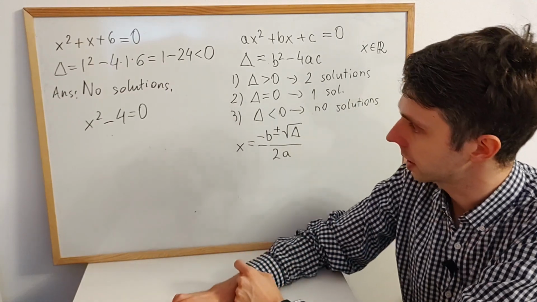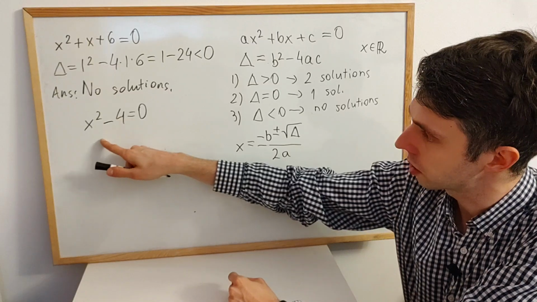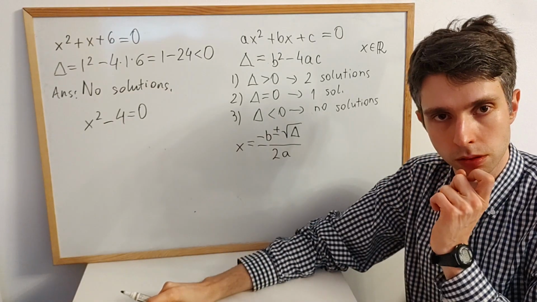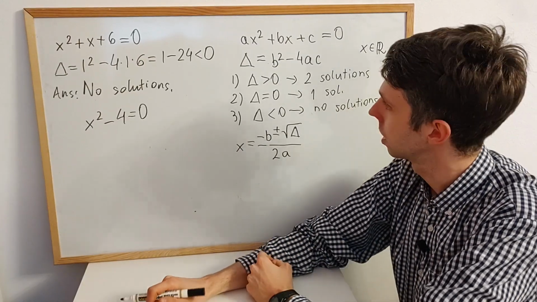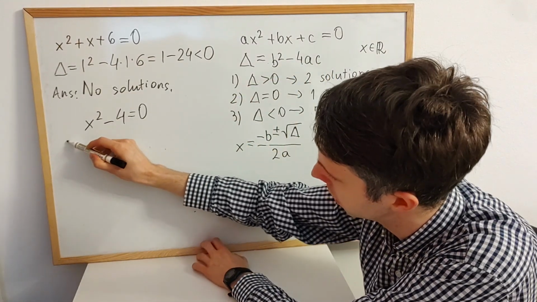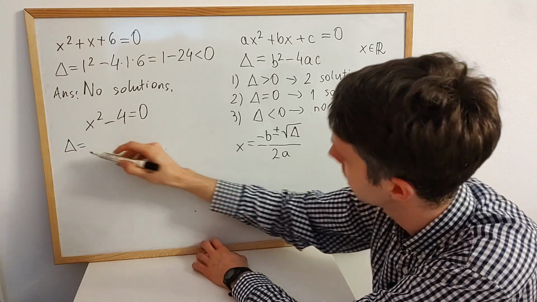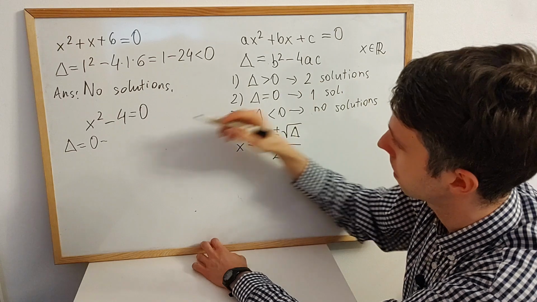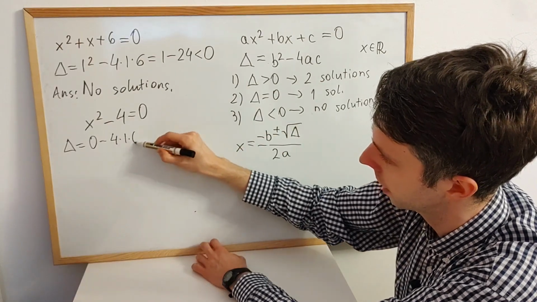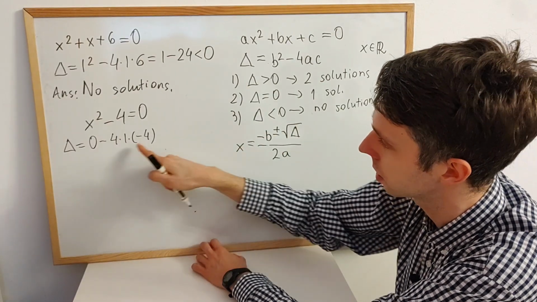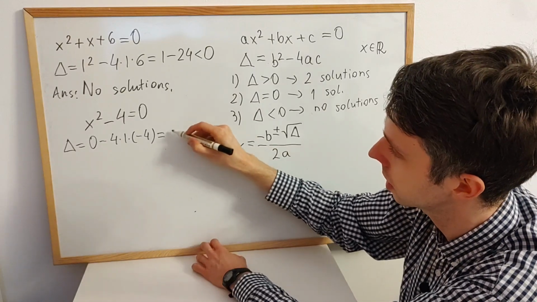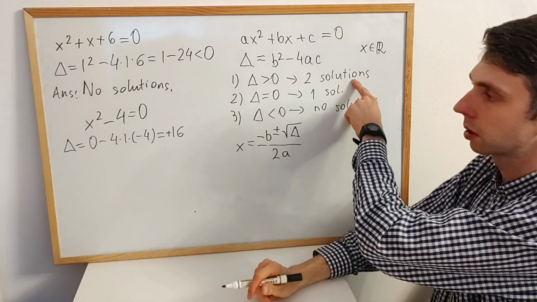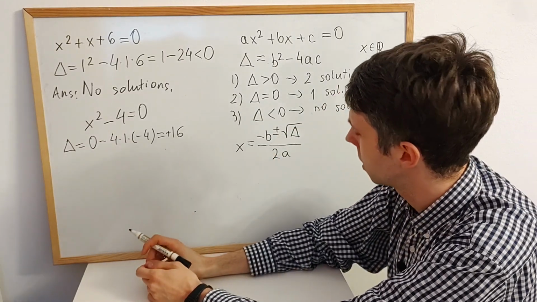But if you make a little change and your equation is x squared minus 4 equals 0, then it will have solutions, which you can see again by calculating delta. So b is still 0, but now it's minus 4 times 1 times minus 4. You have two minuses, so it's plus 16. So it's positive, so you have two solutions.